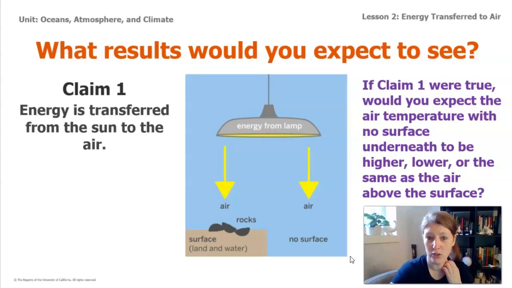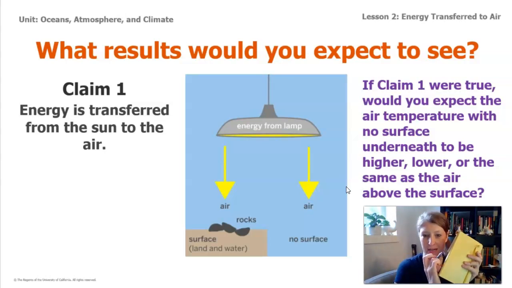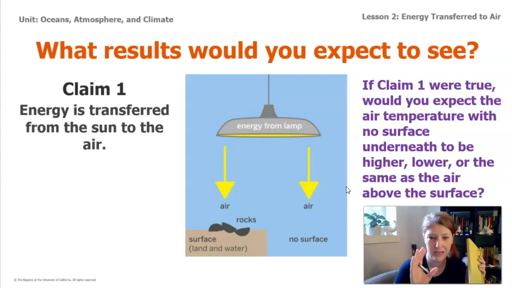So if claim 1 were true, would you expect the air temperature with no surface, so we're talking about the side that doesn't have a surface, would you expect the temperature there to go higher, to go lower, or to stay the same as the air above the surface? So think about what your thoughts are about that. Take a moment to pause the video and record your ideas in your notebook or on a piece of paper, just to make sure that you have a sense of what you'd expect from claim 1.